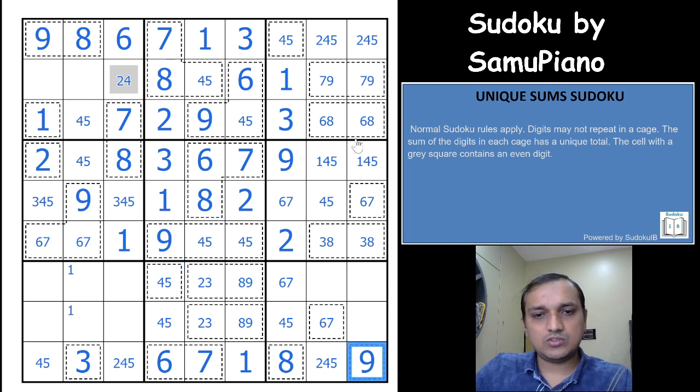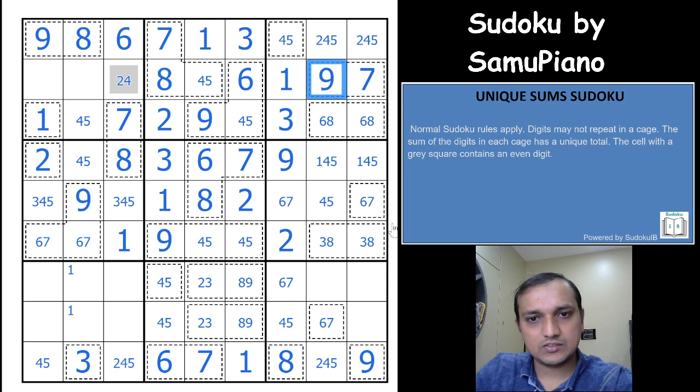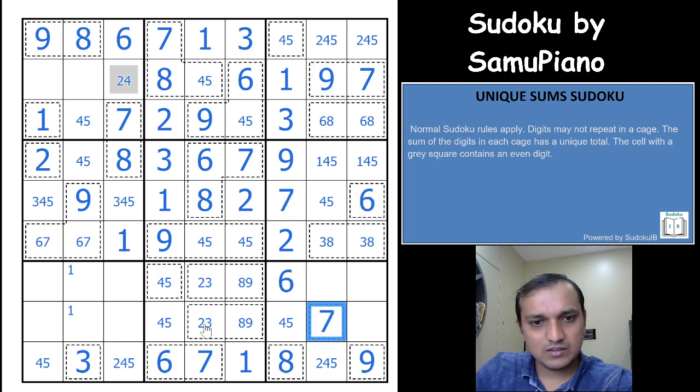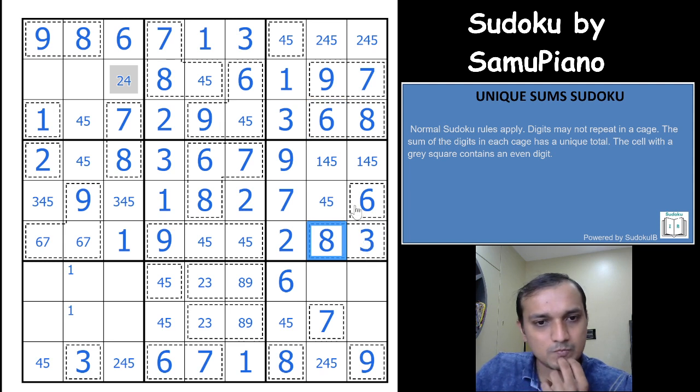Oh, come on, this 9 would have given us so many digits. 6, 7, 6, 7. Okay, 8, 6, 3 and an 8. Okay, 3 is in one of these two cells.